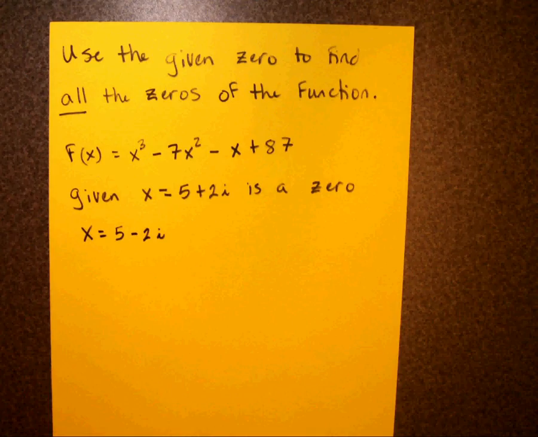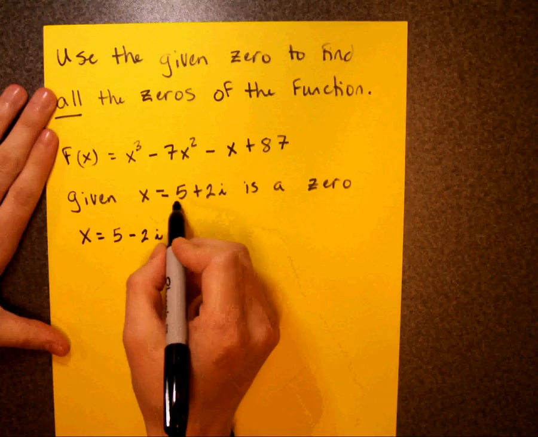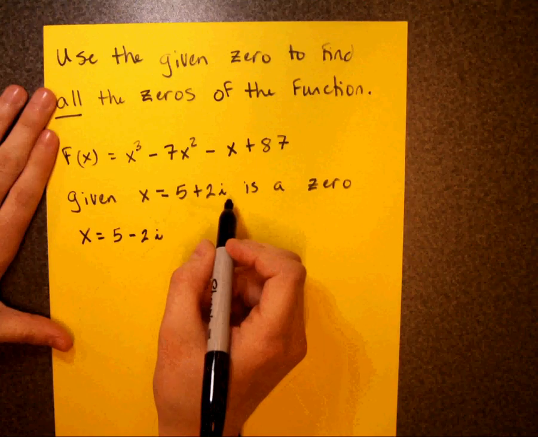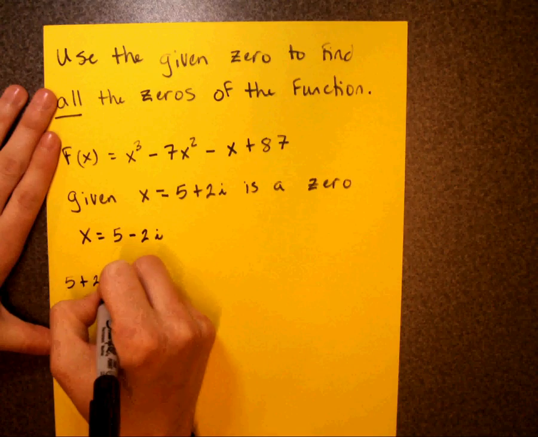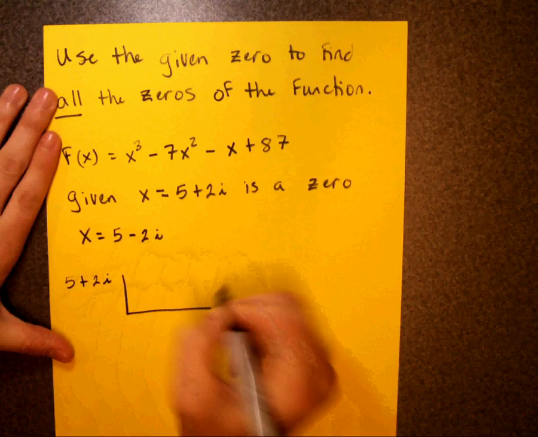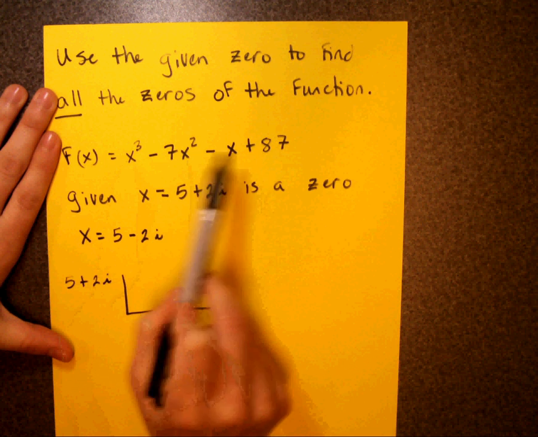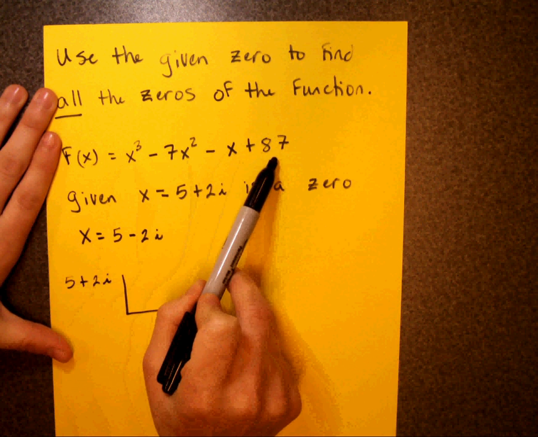So let's go through and use synthetic division to break this down to figure out what the last zero is. So I'm going to set this up. 5 plus 2i is my zero, or my root, so that's going to go on the outside. And I have all of my terms in order.